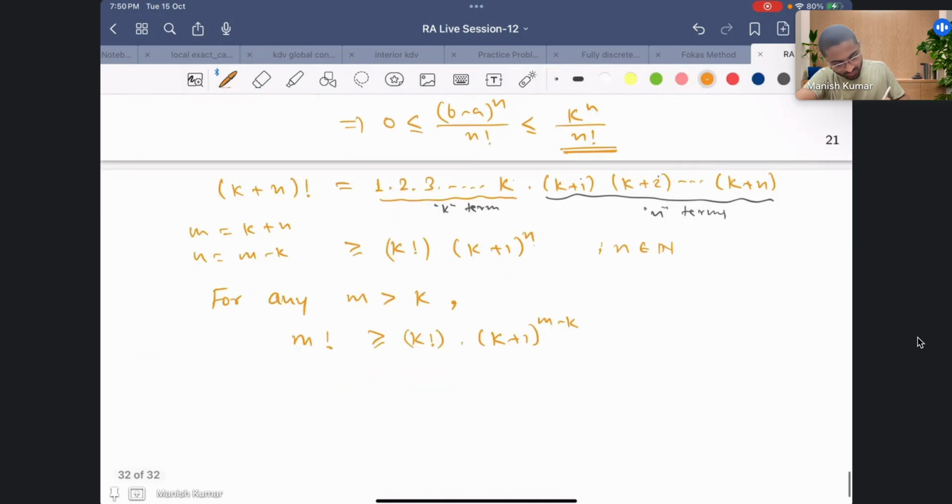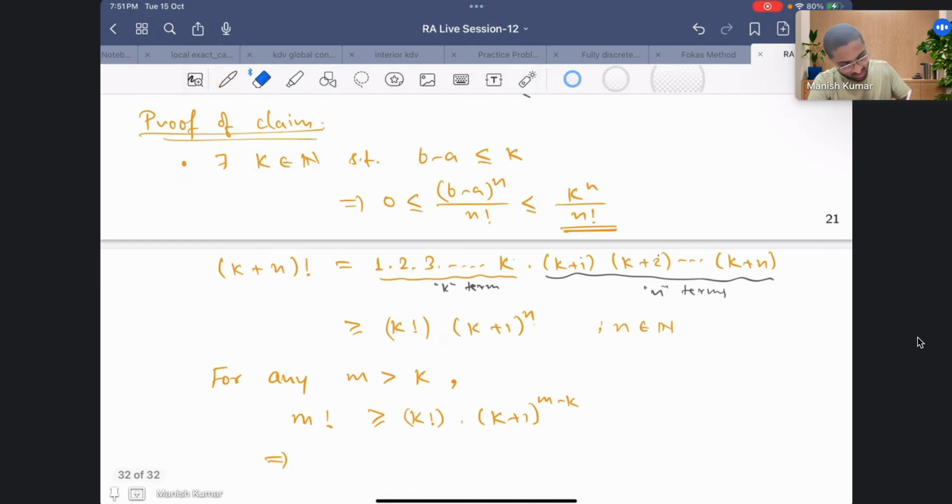Now from here, what I have to do is reach this position, k to the power n by factorial n. So let me do that.